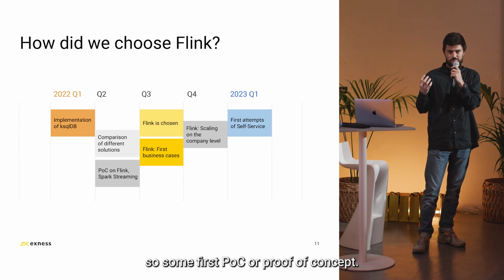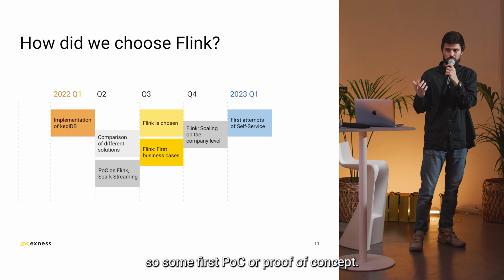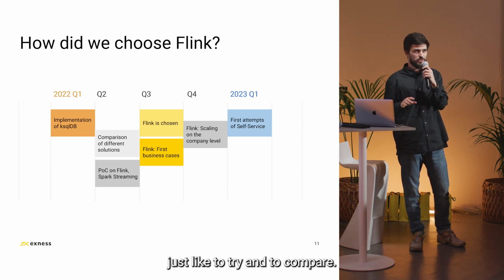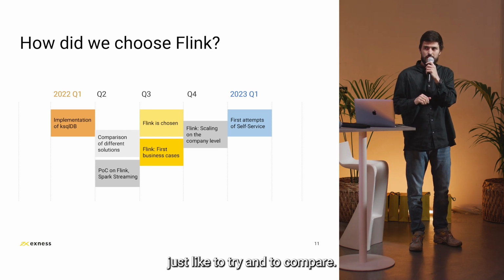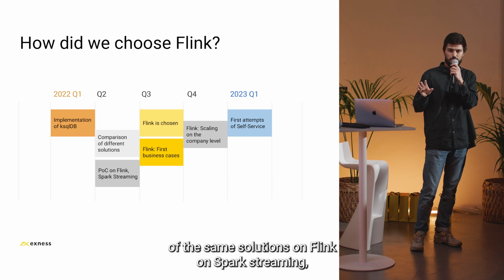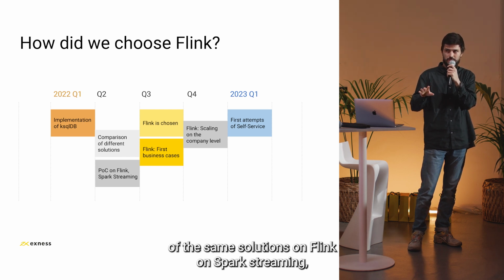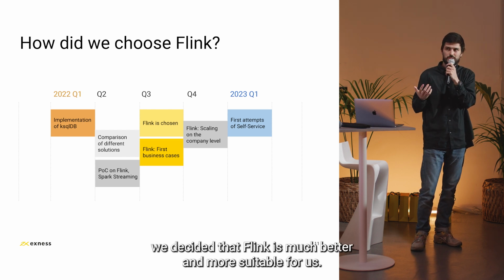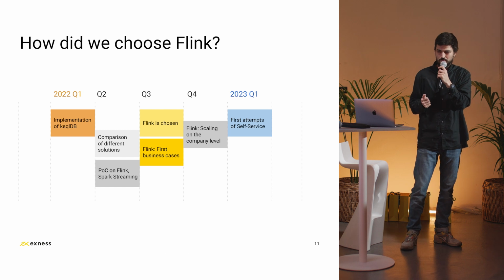So some first POC, or proof of concept. And firstly, we implemented very poorly, just to try and to compare. And after this first implementation of the same solutions on Flink and on Spark Streaming, we decided that Flink is much better and more suitable for us.